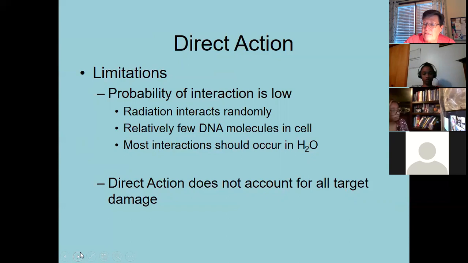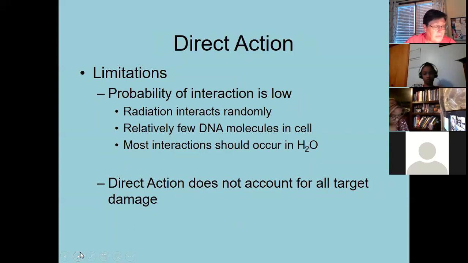Well, in a random interaction, or with things that randomly interact, you're most likely to have an interaction on whatever's most abundant. Since water is the most abundant molecule, it's most likely that water would be directly ionized most of the time. Because we only have roughly 1% DNA, 1% RNA.